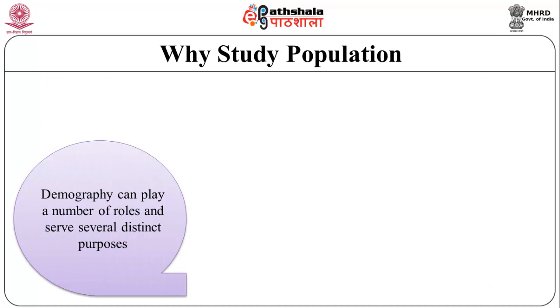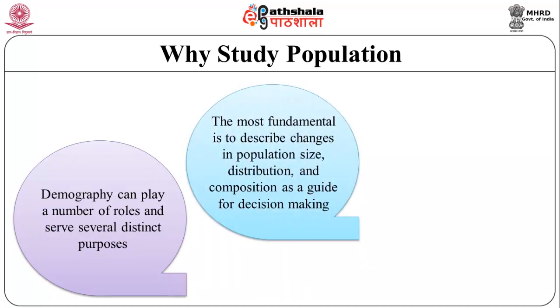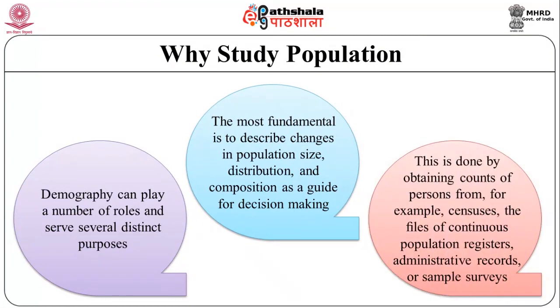Now, why do we study population demography? It is because demography can play a number of roles and serve several distinct purposes. The most fundamental is to describe changes in population size, distribution and composition as a guide for decision making. This is done by obtaining counts of persons from, for example, censuses, continuous population registers, administrative records or sample surveys.